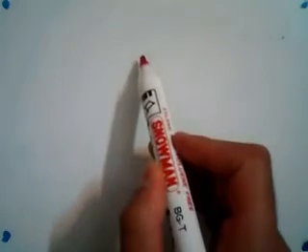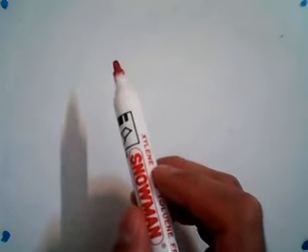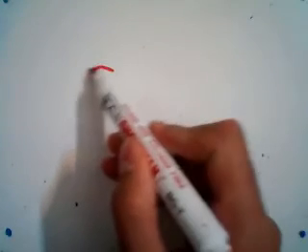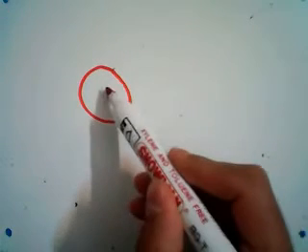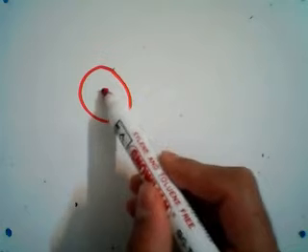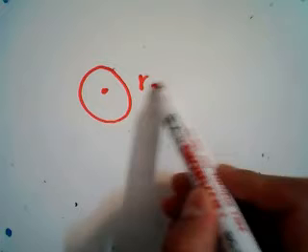We got a circular ring. This is a ring, and its radius is c.